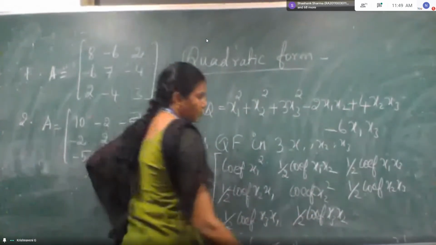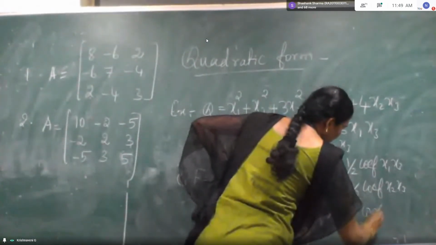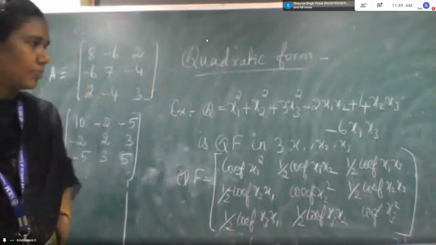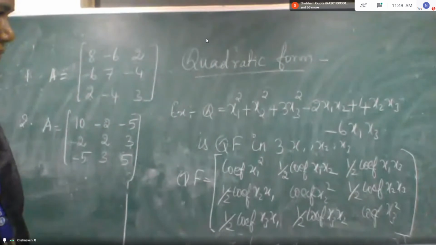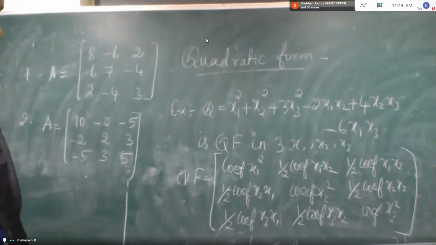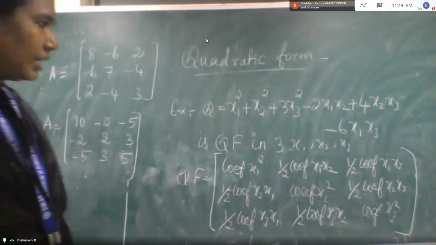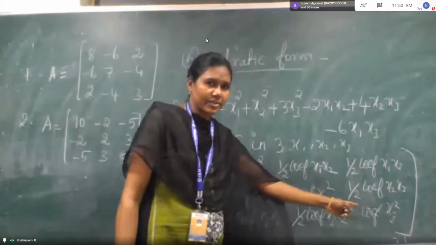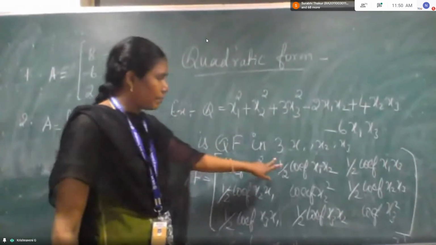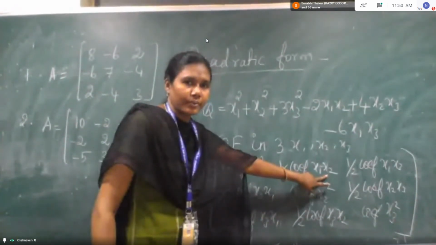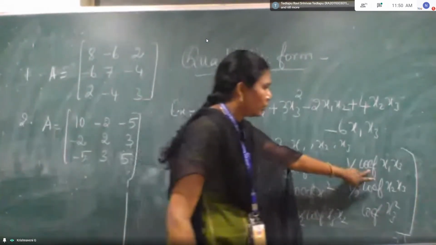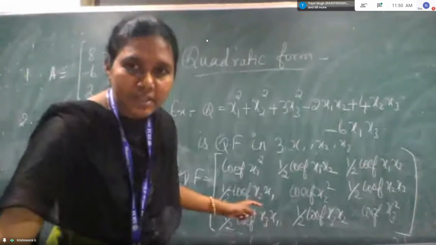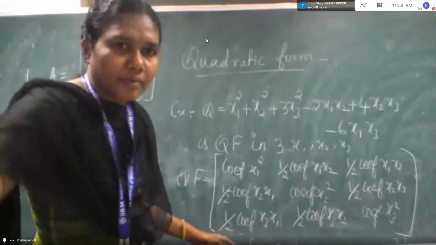This is the general form. In the diagonal elements only, the coefficients of x1 square, x2 square, x3 square. In the remaining elements, 1 by 2 into coefficient of x1, x2 in the first row, second element, and so on for the first row, third element and the second row, first element.